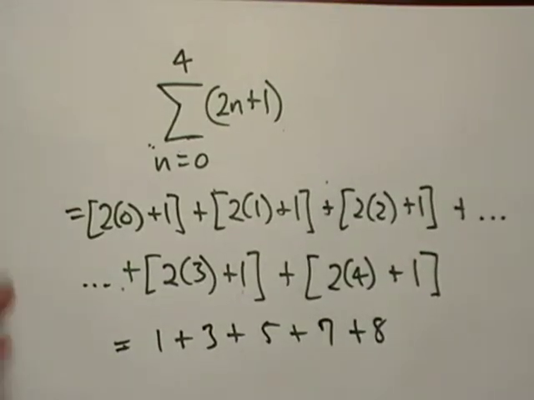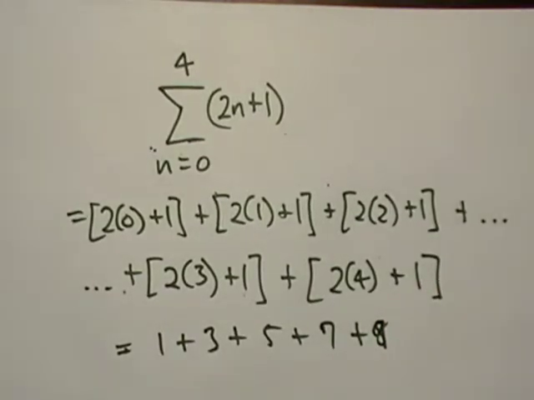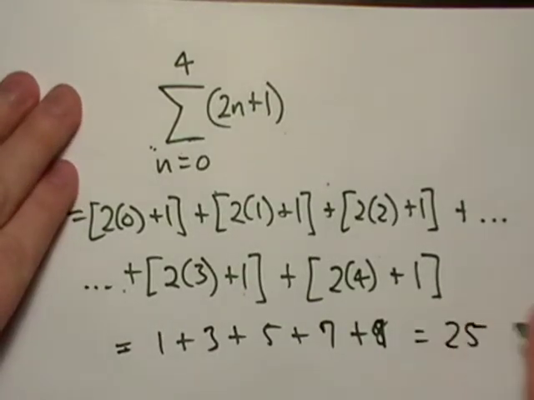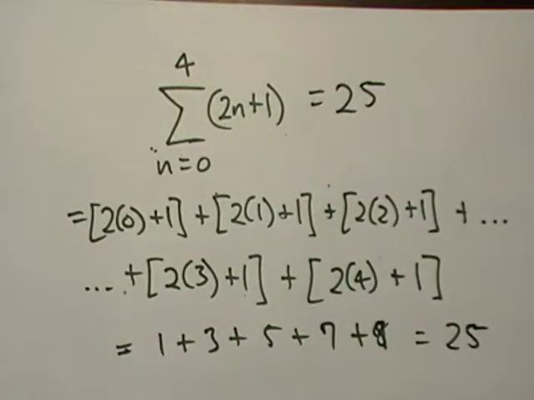Remember when I showed you how to generate all odd numbers? So we got 1 plus 3 is 4, plus 5 is 9, plus 7 is 16, plus 9 equals 25. So that is the summation of this right here.